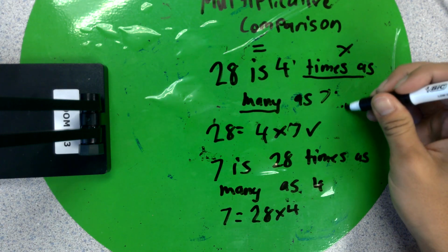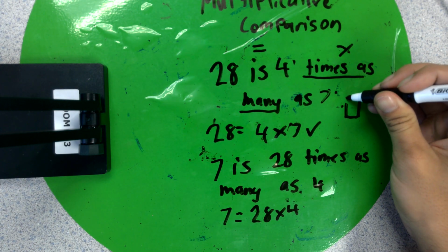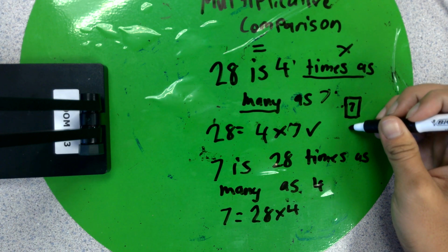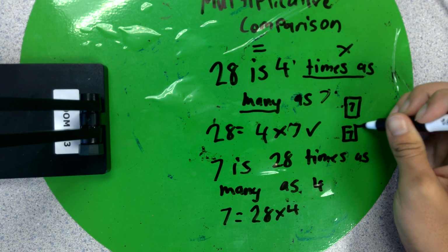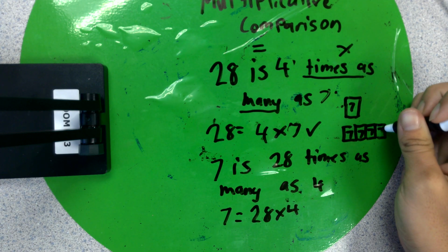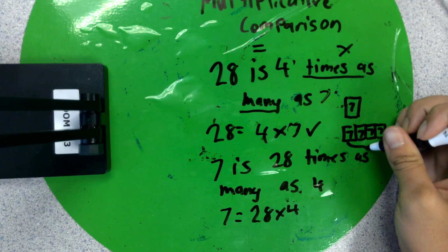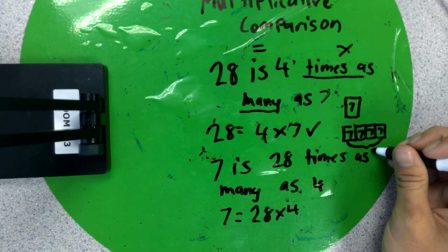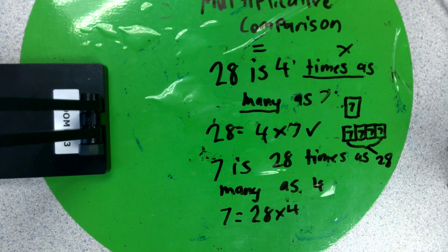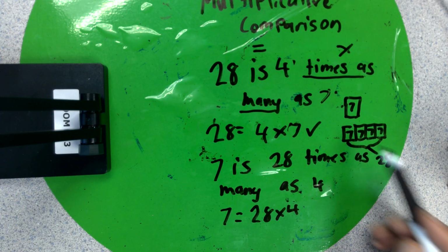And if we make a diagram where we do 4 times as many as 7, we can see that if we start with a 7 and do 4 times as many, and we put it all together, the 4 7s will create a 28. So yes, that is a correct statement, and that is a correct way to make the bar model.